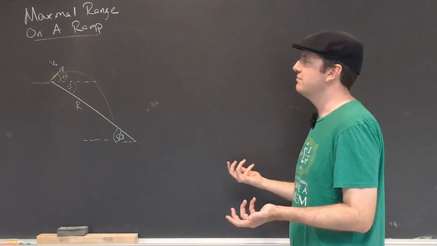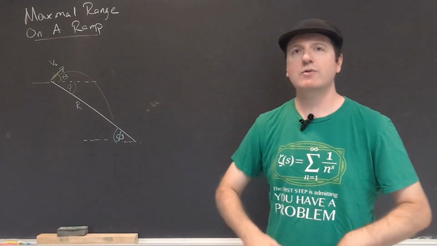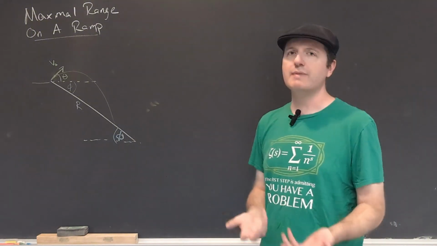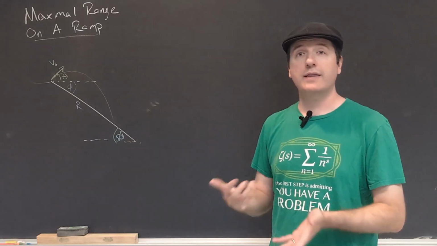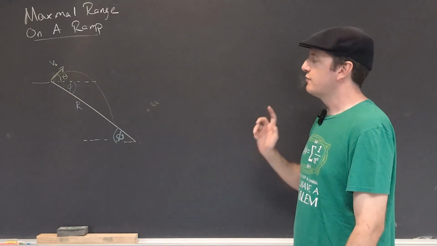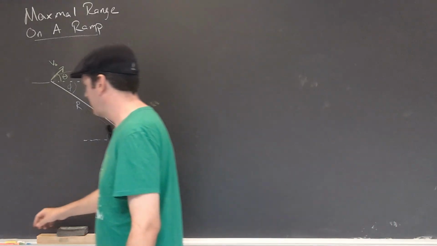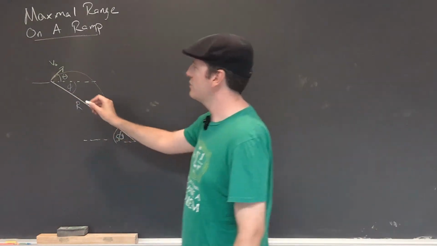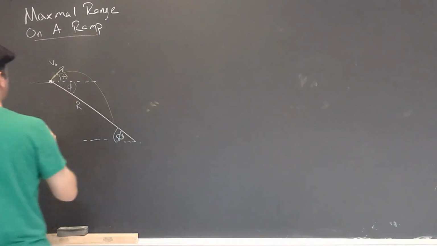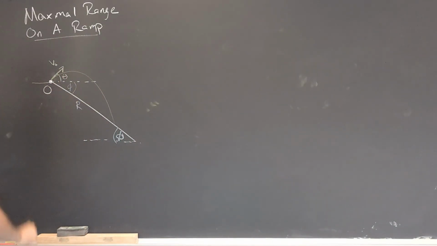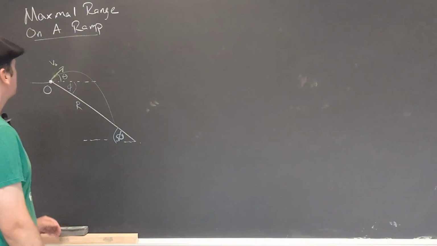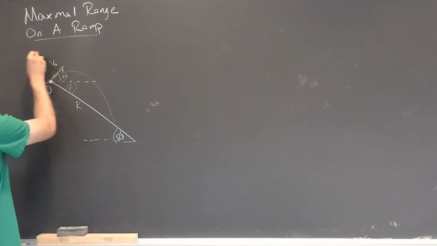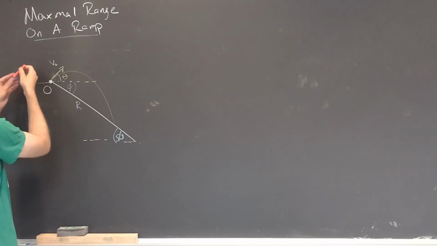Now, while we could do this purely algebraically, pull out the trajectory equation, etc., we've done that many, many times, I thought it'd be more fun to do this one a little bit geometrically, using properties of the parabola that we've seen previously. So first off, let's note the distance from this launch point, and maybe I'll call it point O, to the directrix of this parabola, which will be somewhere up here.